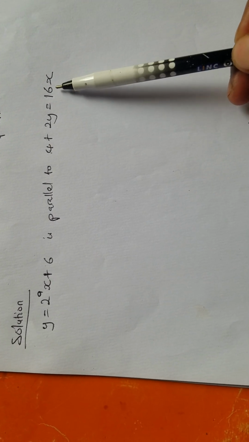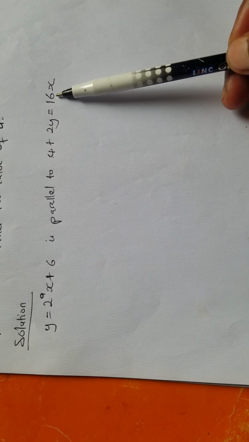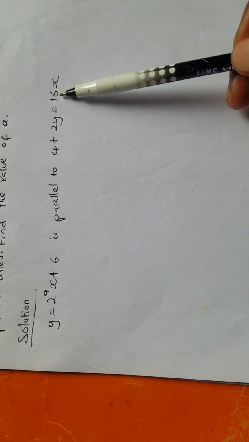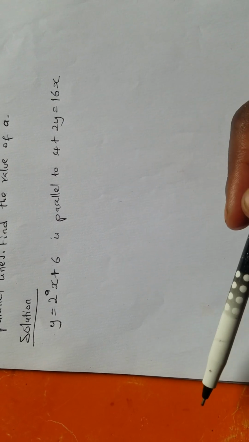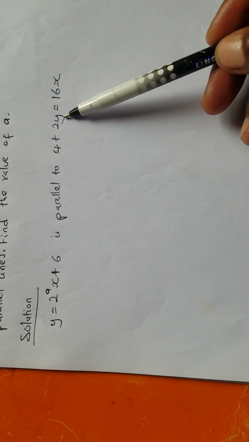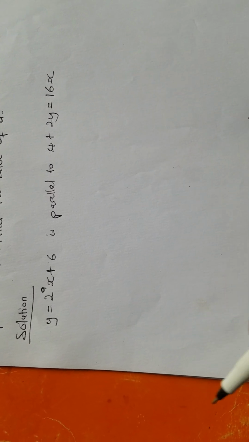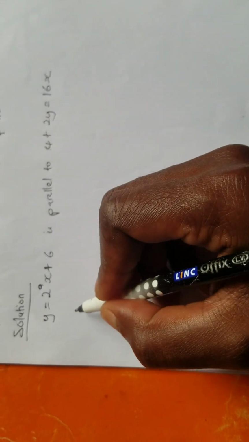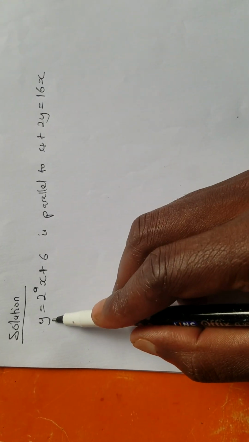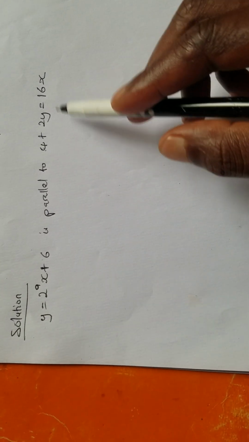But in this case, we cannot say that this 16 is the gradient of this equation of the line. First of all, we have to make y the subject of the formula, and after that we will know our gradient. This one is okay, y is already the subject, but in this case y is not the subject of the formula.